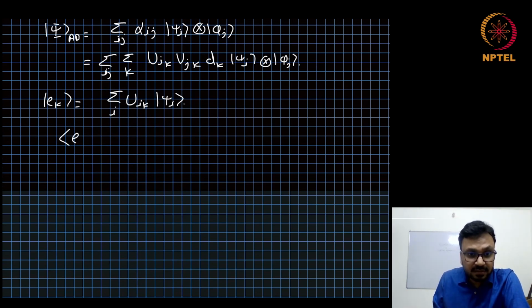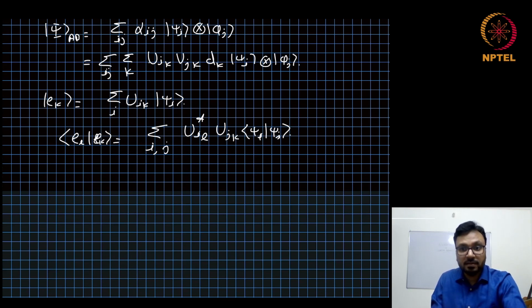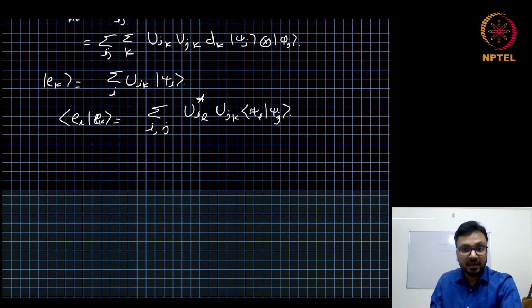Now what is the inner product of el and ek? That will be sum over i, sum over j, u il star, u jk, psi i, psi j. I'm just using this expression for el and ek, and I get this.